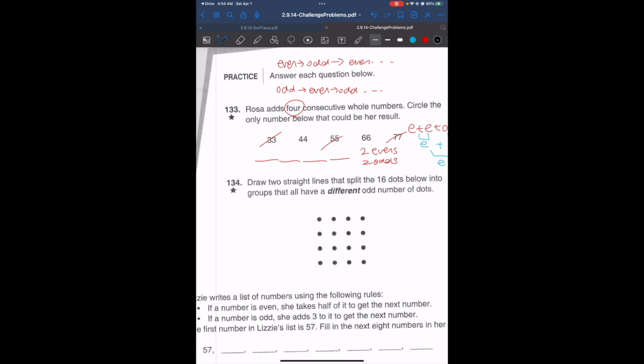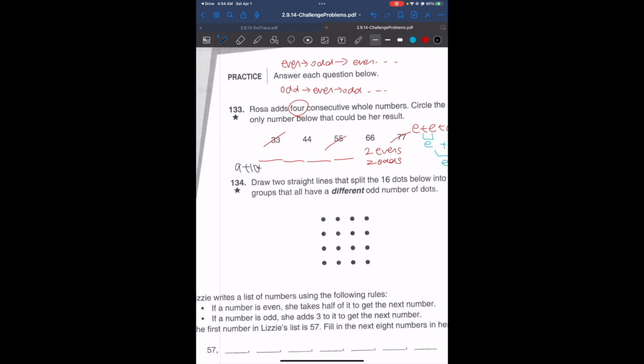For example, 9 plus 10 plus 11 plus 12 gives us 42. So we need a slightly bigger number.